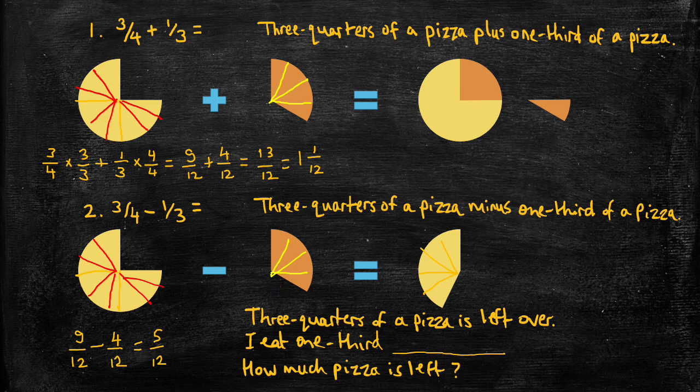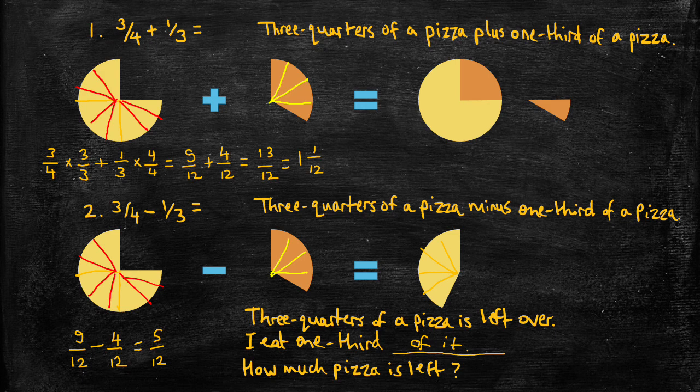It would be incorrect to say, for example, I eat 1/3 of it, because that's super ambiguous. So let's read that through. I've got 3/4 of a pizza left over, and I eat 1/3 of it. Well, that's not what we're doing here, okay?